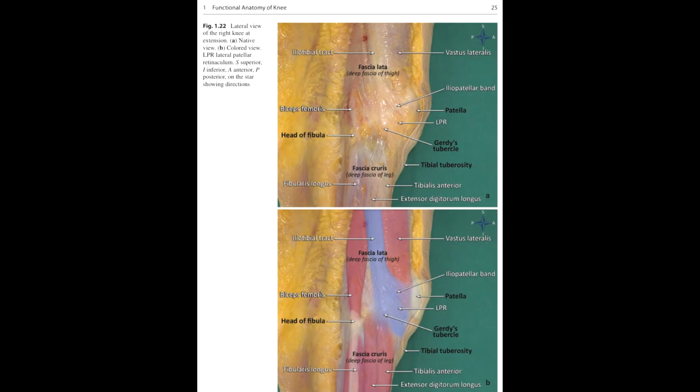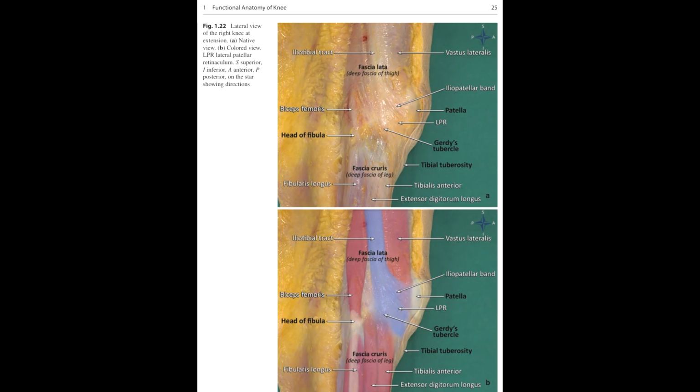Now, we turn to the lateral view of the right knee in extension, shown in figure 1.22. This perspective allows us to see how the lateral thigh and leg structures blend into the knee joint capsule and stabilizers. Let's orient ourselves first. At the top of the figure, you can see the iliotibial tract, or IT band, a thickened lateral portion of the fascia lata.